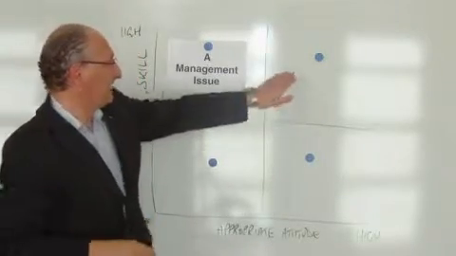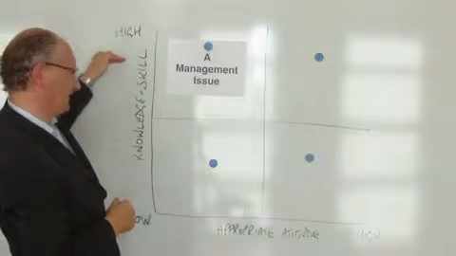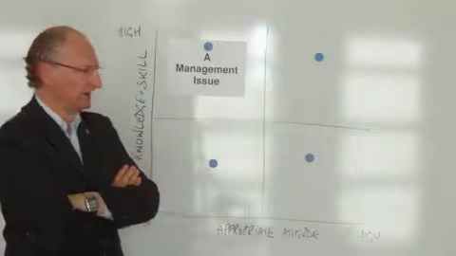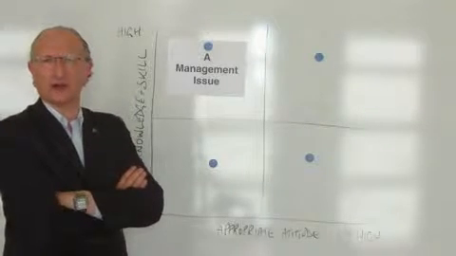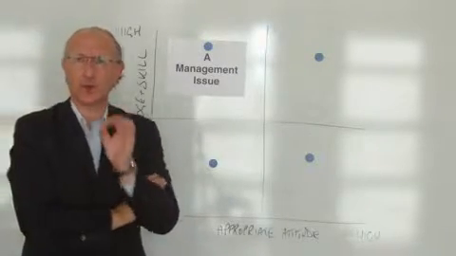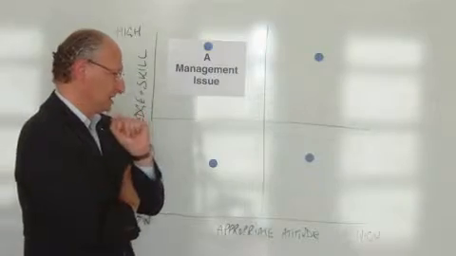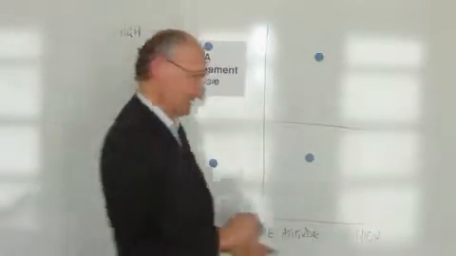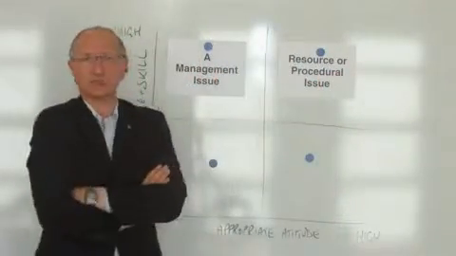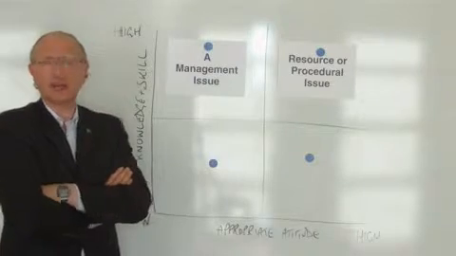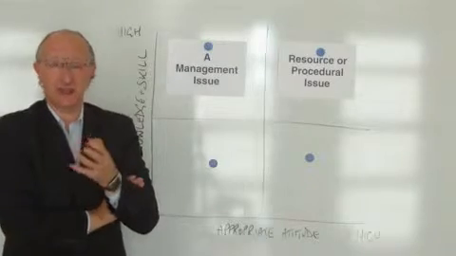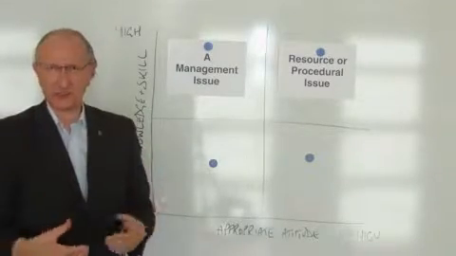Now, here we've got somebody who's got high knowledge and high attitude. They know exactly what the job is. They know how it should be done. They've got the appropriate commitment and will, but there's still a problem with performance. In those circumstances, what you're actually dealing with is a resource or a procedural issue. By that I mean the person doing the job has everything they need except the appropriate resources.